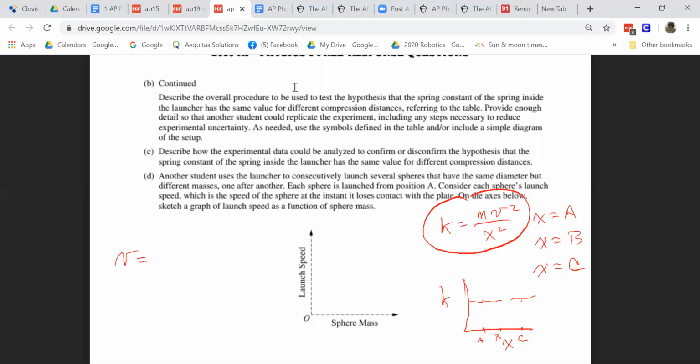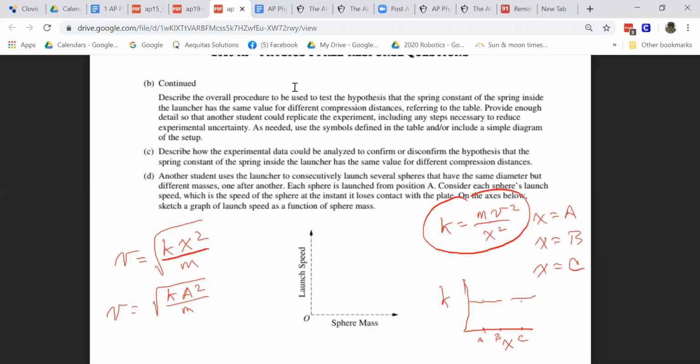So V is going to be the square root of K x squared over m. We're going to take the square root, right? Now, what's true about x? X is equal to A. So it's the square root of K and then A squared over m.